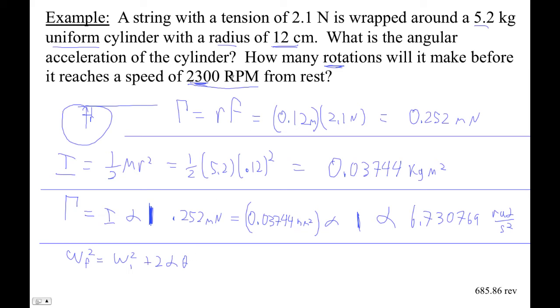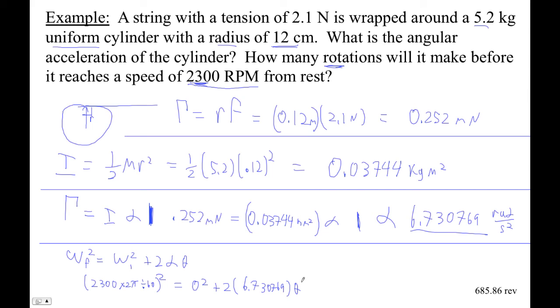So 2300 RPM, that's my final velocity. So 2300 times 2 pi divided by 60, and we're going to square that, equals 0 squared plus 2 times alpha, which is 6.730769, times theta.